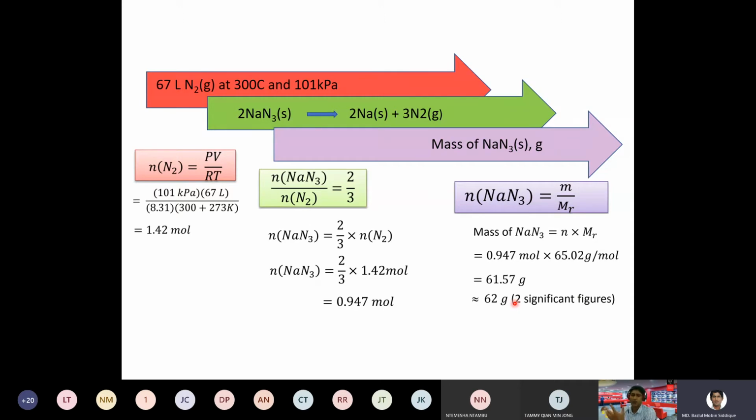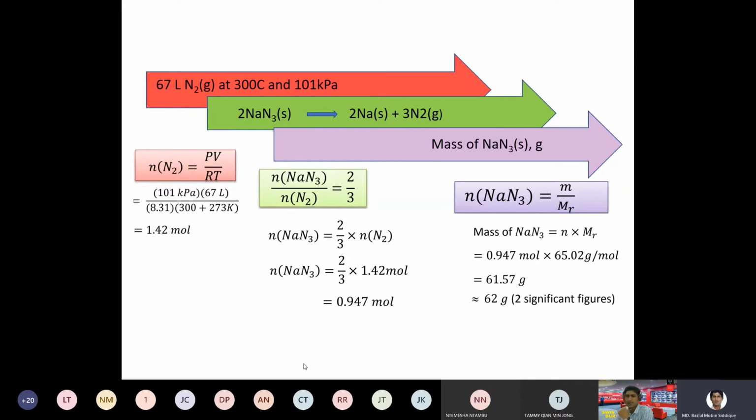If I already know that I have 62 grams of sodium azide, how many liters of nitrogen gas can be produced? So it will go backward, and we will use the same limiting reactant and excess reactant, and also find the number of moles and PV and RT in this way.